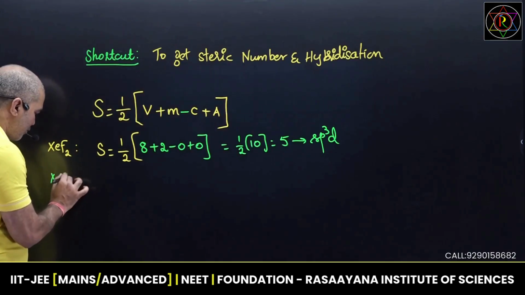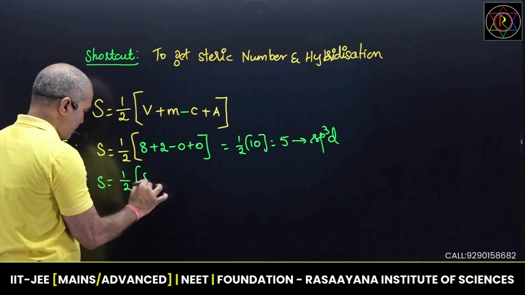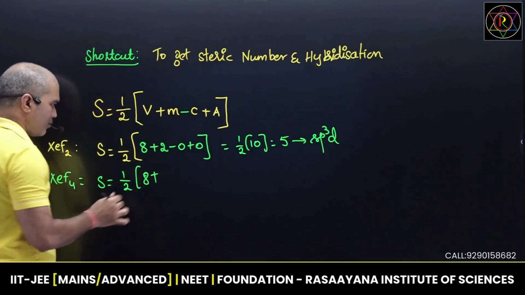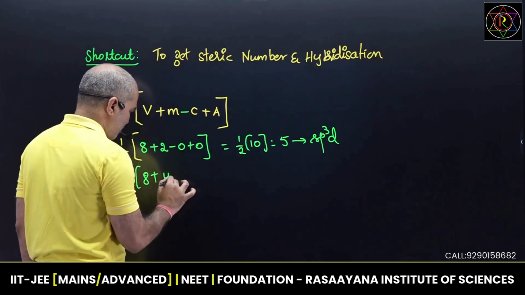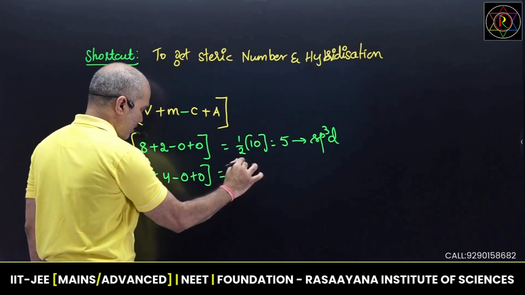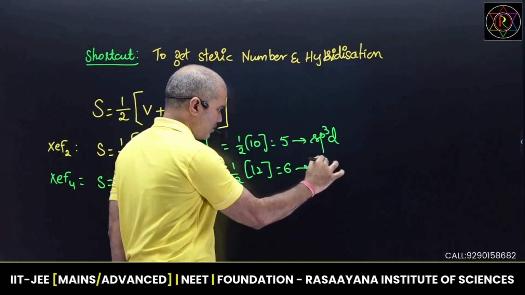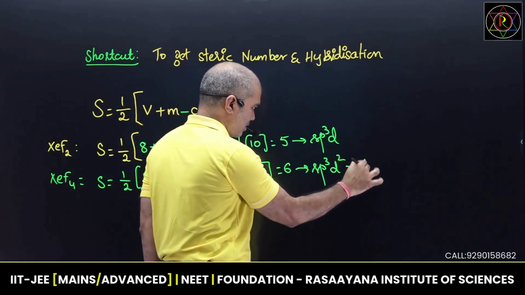Let me take XeF4. Steric number 1 by 2, 8. There are 4 monovalent atoms, no cationic charges and no anionic charges. So this becomes half of 12, 6, sp3d2 and octahedral.